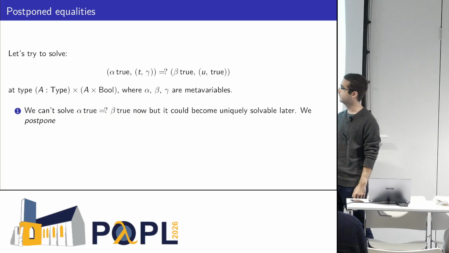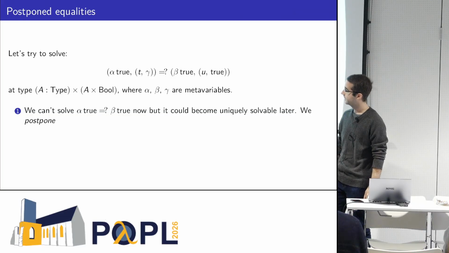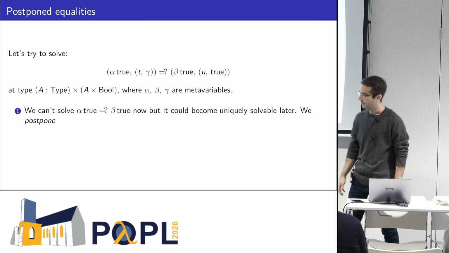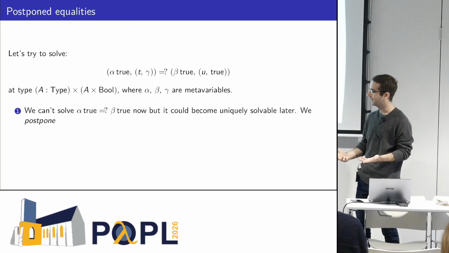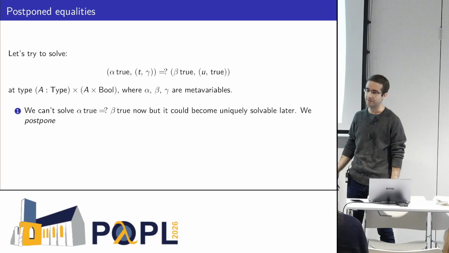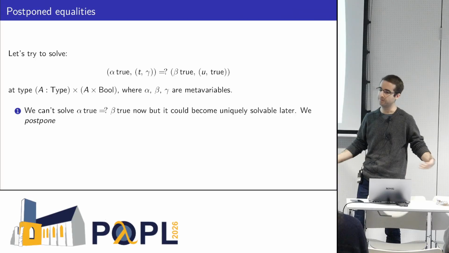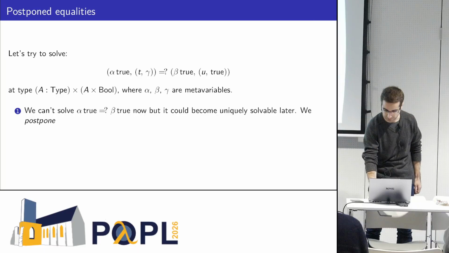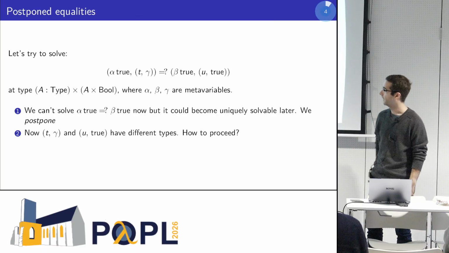So we try to unify the first fields and get the problem alpha true equals beta true. But we cannot solve that uniquely, because it's clearly not solvable. We only know that these two meta variables should be equal when applied to true, but we have no idea what should happen when they are applied to false. So we just postpone this equation.